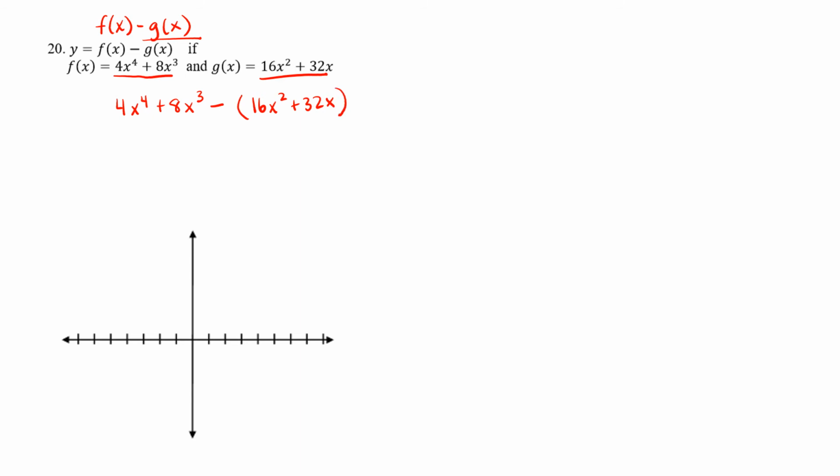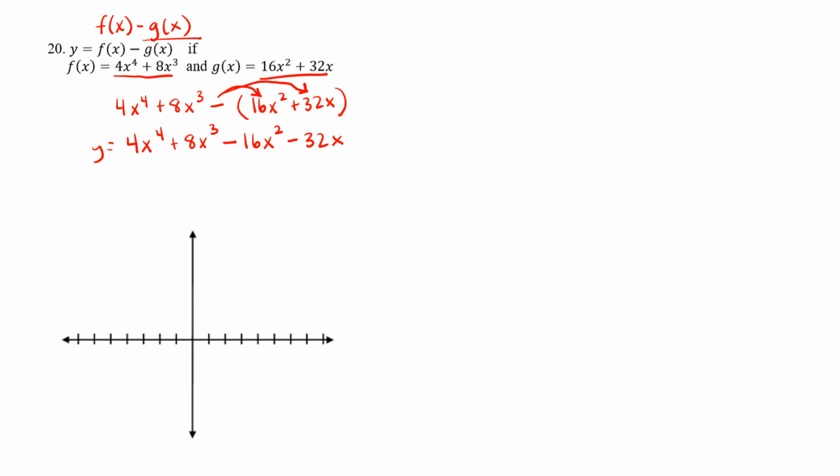So I like to put those parentheses around there to remind me that that minus is to the 16x squared and to the 32x, telling us that really what we're doing here is 4x to the 4th power plus 8x cubed minus 16x squared minus 32x, because we're subtracting both of those.